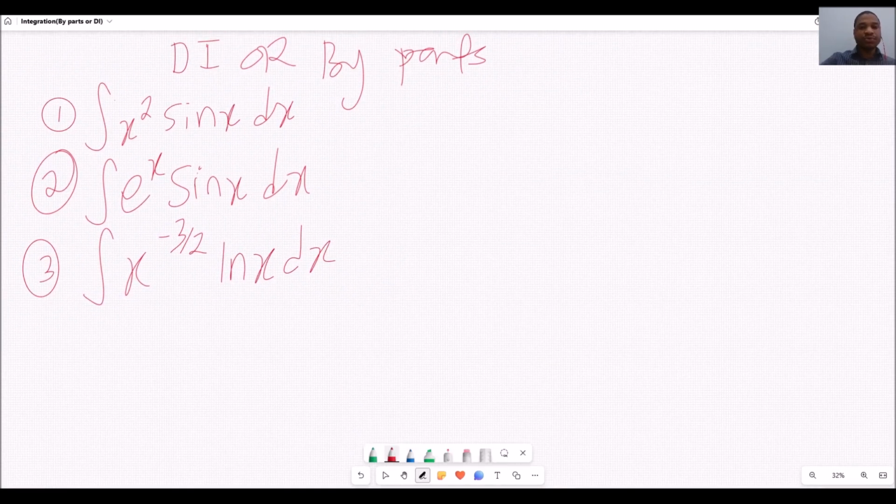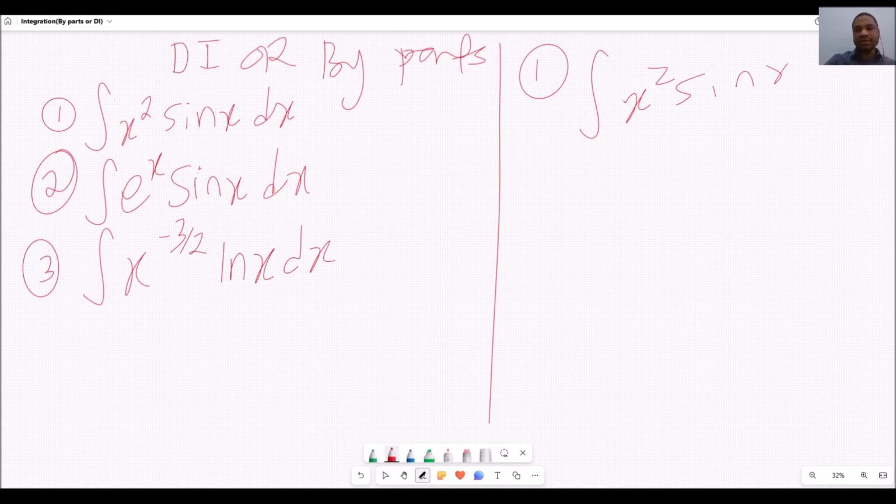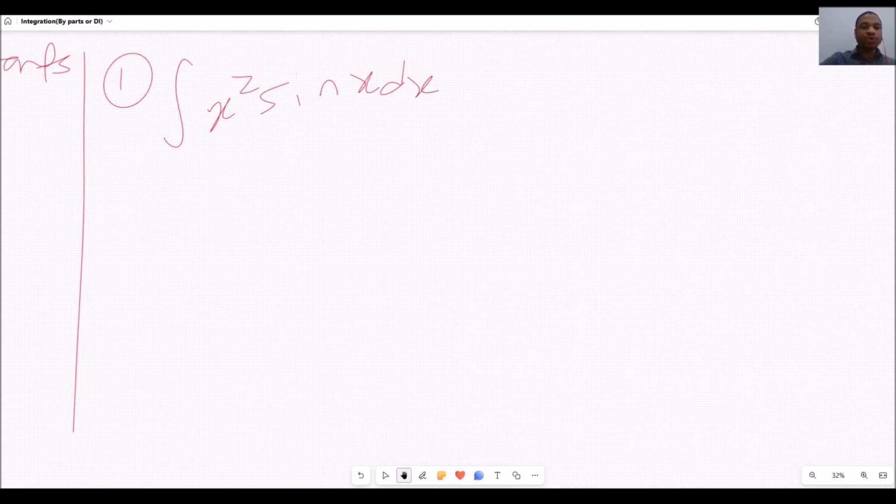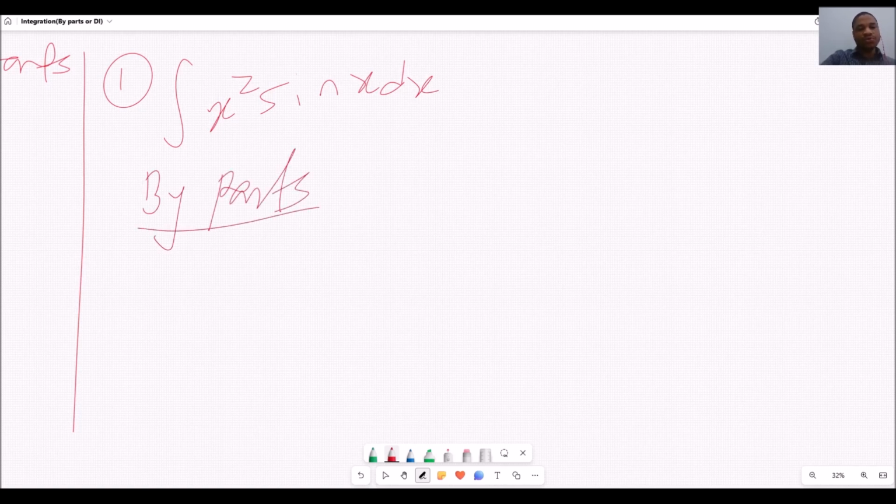Alright, so I'm going to take the first one, which is the integral of x squared sine x dx. I'm going to use by parts first. For you to use by parts, you need to know this rule. Very important.